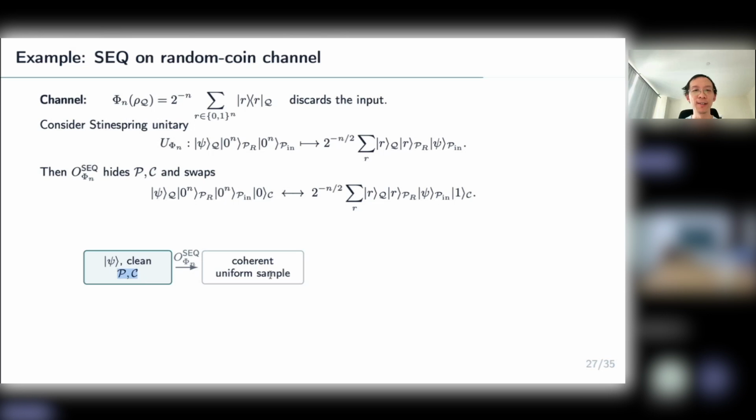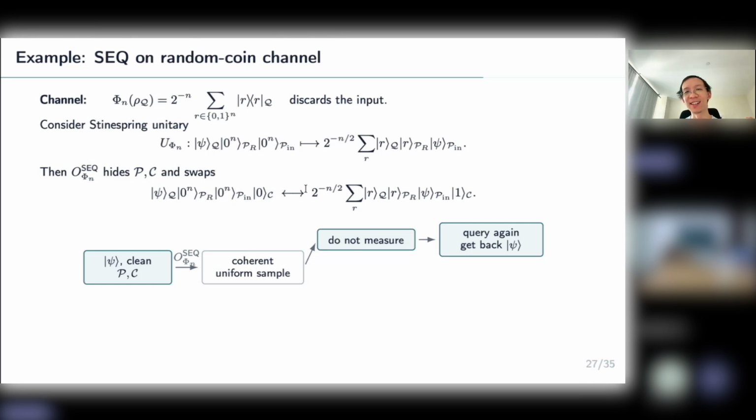If we query this interface, then on the Q register we'll get a uniformly random R as we intended, because this is supposed to give us one query access to the original channel. If we don't measure this and immediately query it again, then by construction this is just going to map us back to the beginning. So we get back our original input state.